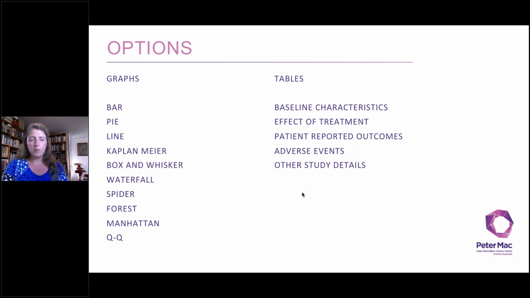Here we'll talk about things that can go onto the page, and it might be appropriate to adopt one of the graphs listed here, or perhaps something else entirely. Similarly with tables, there are many different ways tables can be used to represent your data, and I've listed here a handful of potential tables that could form part of the manuscript that you want to present to other people.